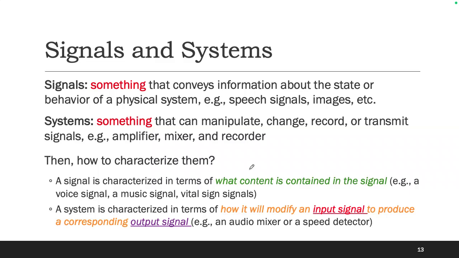Firstly, we need to characterize a signal. A signal should contain some information, for example, the voice or music, am I right? We need to find a mathematical form to represent this signal.